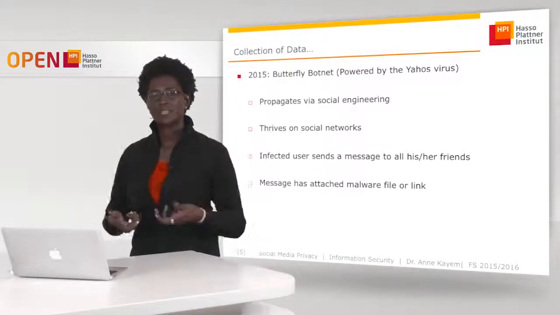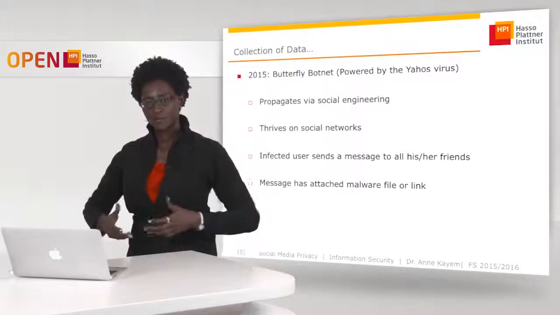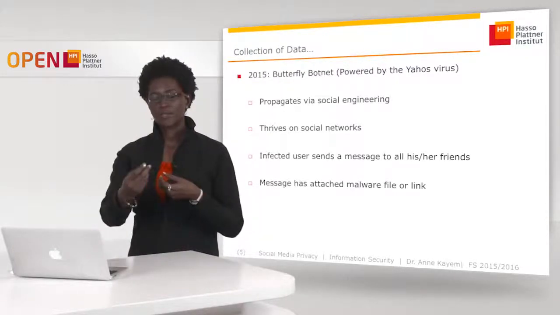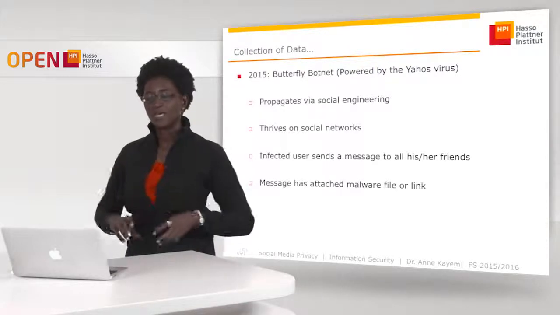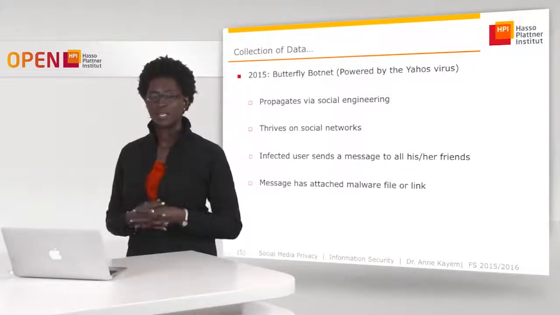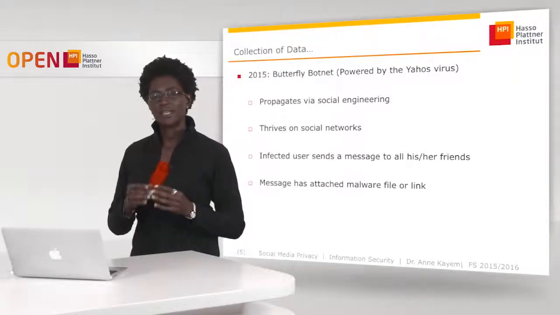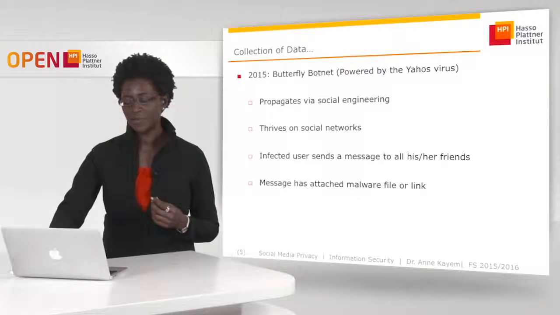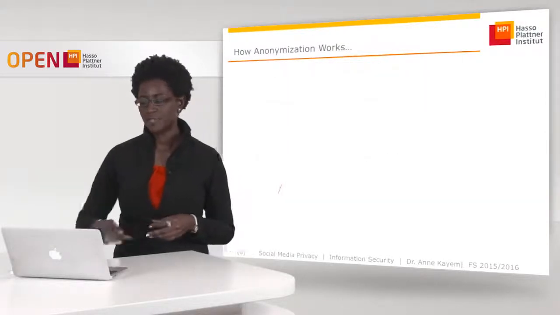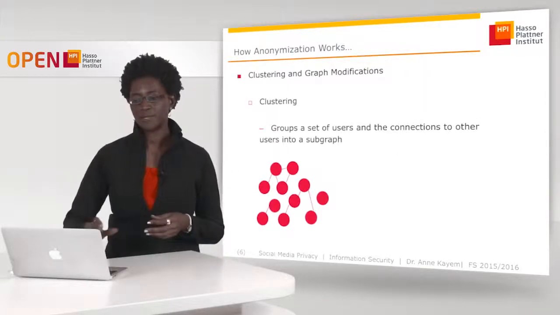And the message that the user received and that he or she sends around and that forms this network had attached to it a malicious file or link that users clicked on, and that resulted in a number of unpleasant situations on their social media platforms.